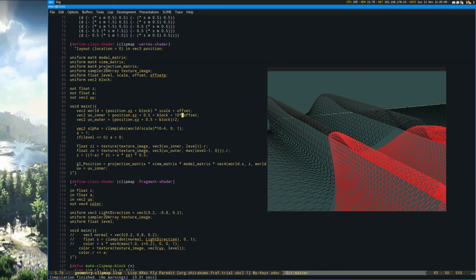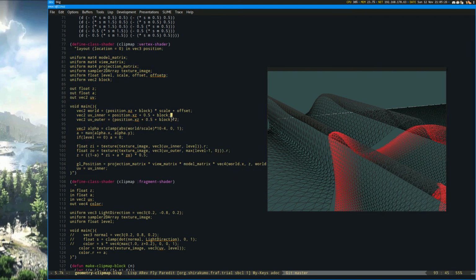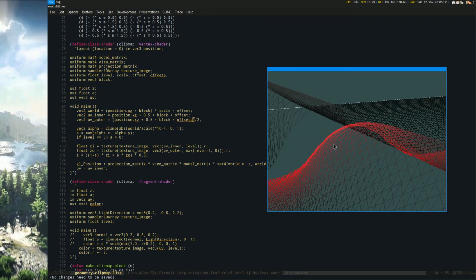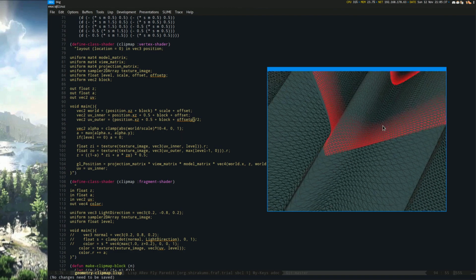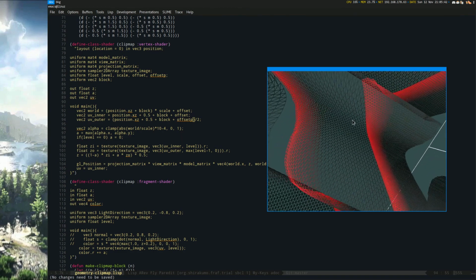How does that not change anything? Oh yeah, because I'm not... Okay. Because of this. Ah, shouldn't have done that. Yeah, but the offset is so slight, so little. This doesn't even really show up.